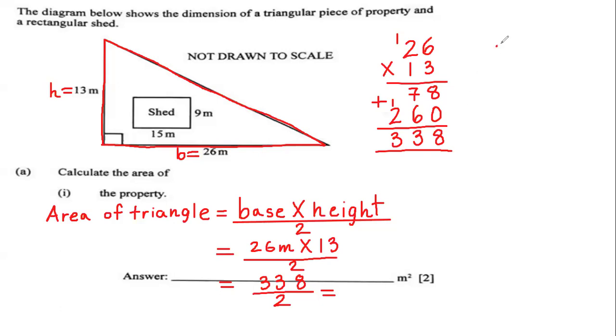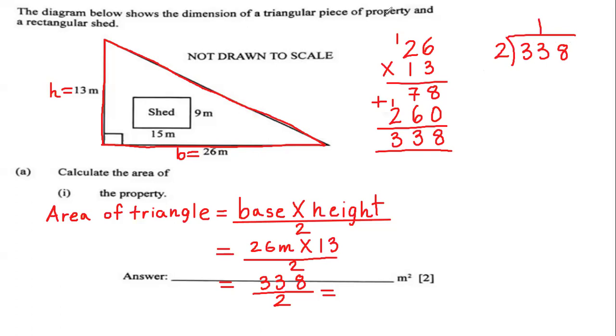So 2 into 338. How many times can 2 go into 33?